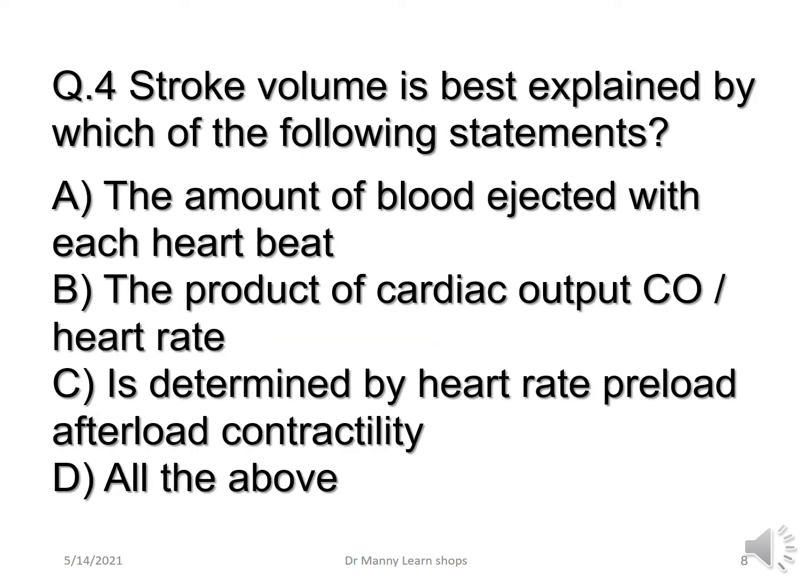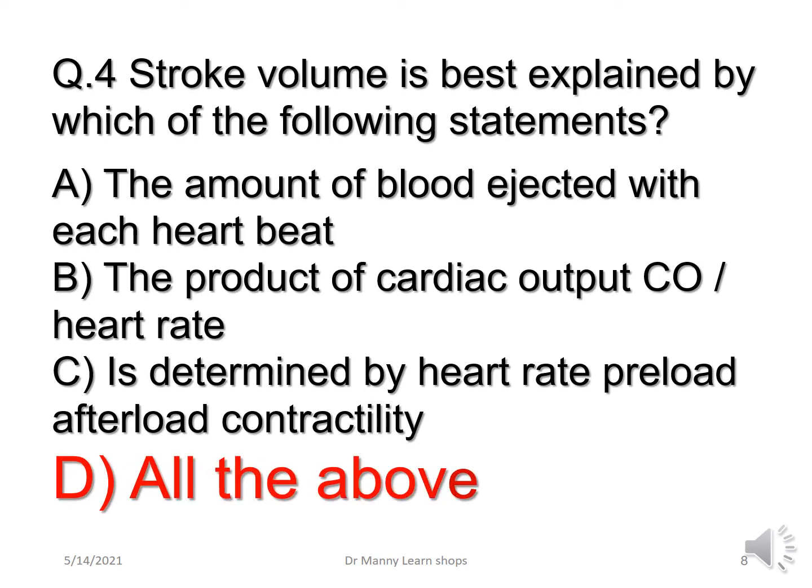Stroke volume is best explained by which of the following statements? It's the amount of blood ejected with each heartbeat. It's the product of cardiac output divided by heart rate. It's determined by heart rate, preload, afterload, and contractility, or is it all of them? The correct answer is it's all of them.